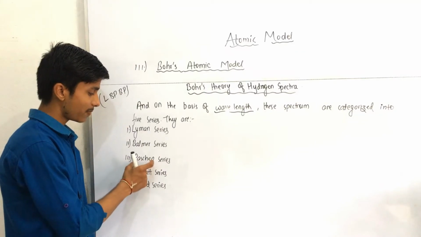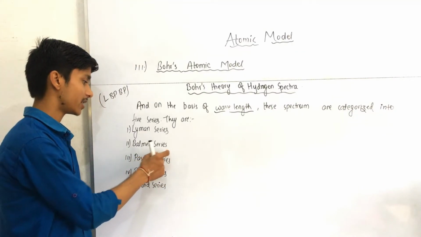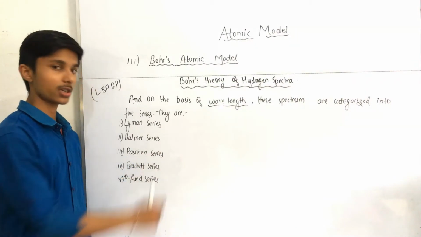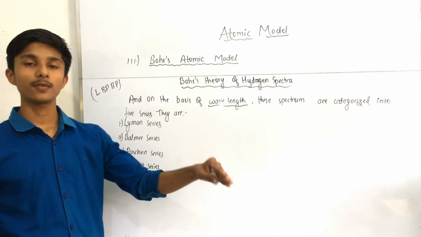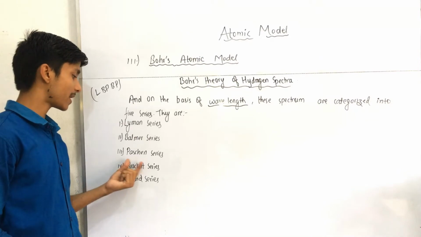Third point, Paschen series. You can define it now by taking the help of these two. The series of those spectra formed due to the fall of electron from higher energy level to the third energy level is called Paschen series.